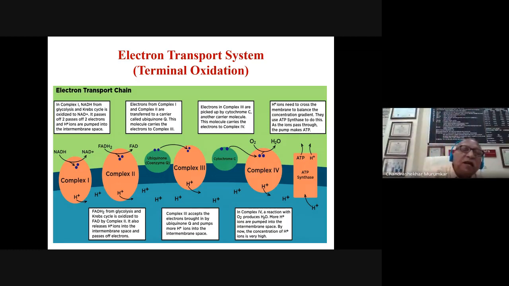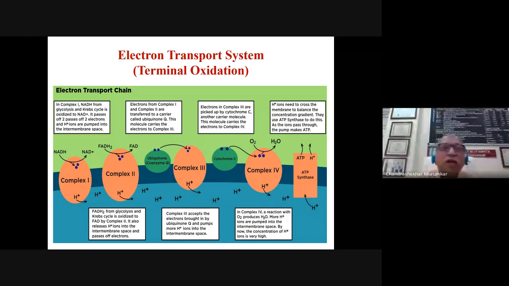And secondly, the free hydrogen protons, which are released in the inner membrane structure, are used for the synthesis of ATP, that is, for the phosphorylation process. Now remember, as this involves oxidation reduction reactions, this whole mechanism of electron transport chain is also called oxidative phosphorylation.